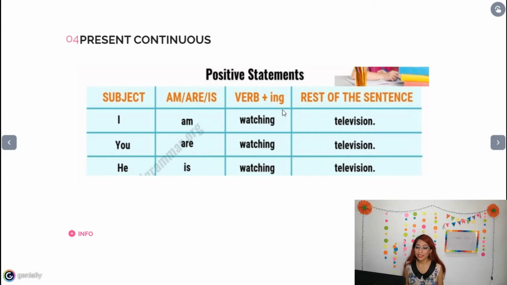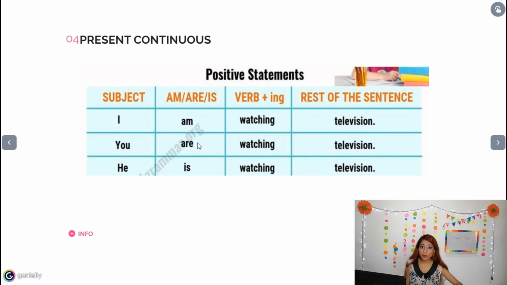And the rest of the sentence. So let's read the sentences as we have them. I am watching television. I'm doing that at this exact moment. You are watching television. And he is watching television. The only difference you are going to have in this kind of sentence is going to be the subject or the verb to be.